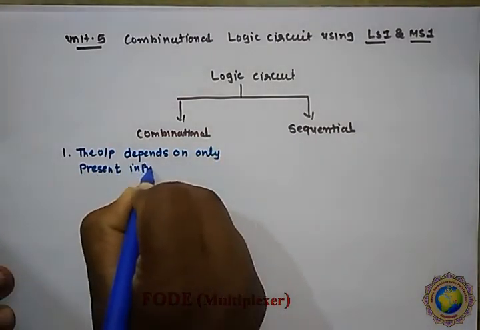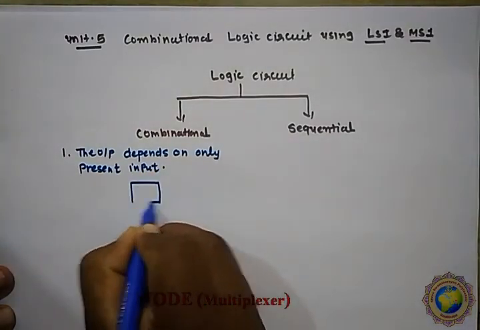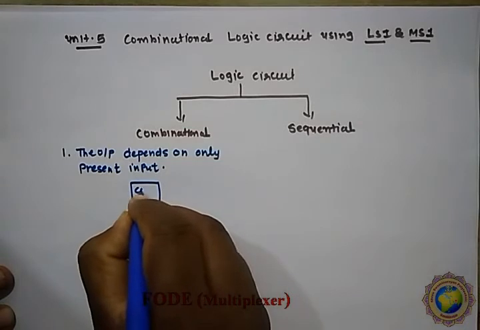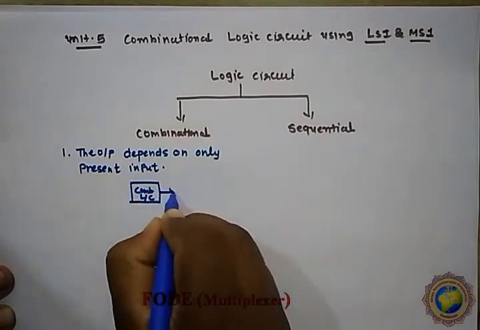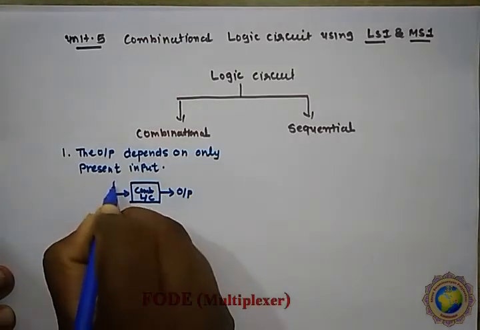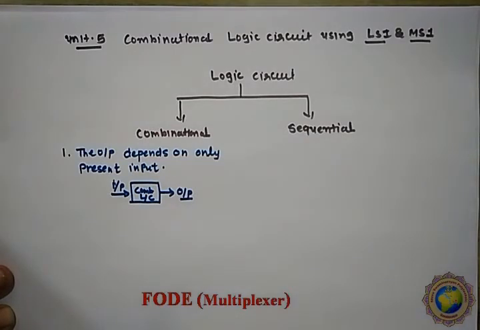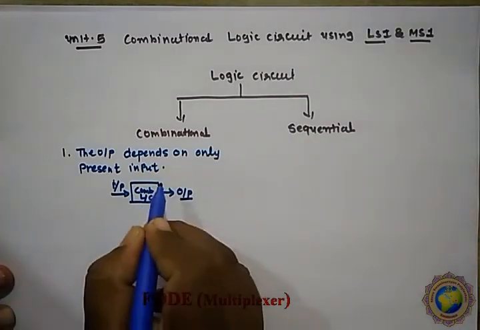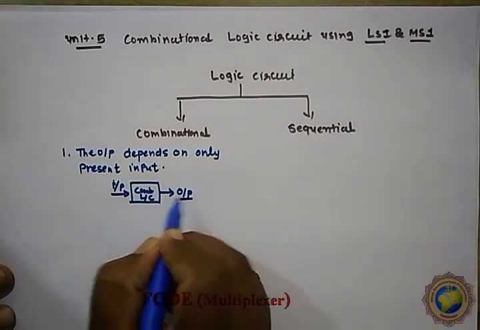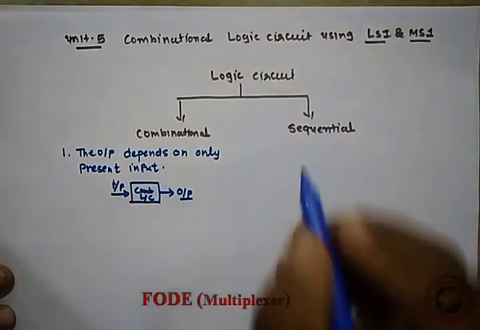Suppose this is the combinational logic circuit, and here is the output. Whatever input you have given, you get the output. This combinational logic circuit performs its operation on the input you give and gives the output. Means output depends on only present input.